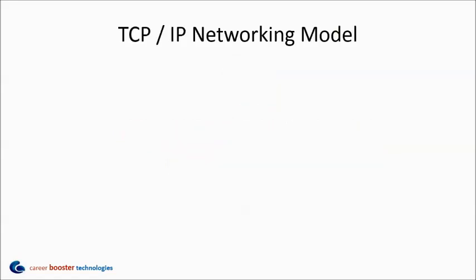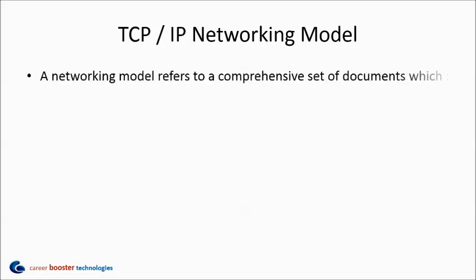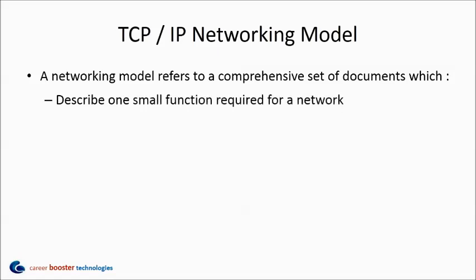So with TCP/IP, the Transmission Control Protocol/IP networking model, what is this all about? It is a model which refers to a set of documents, and these documents describe the functions required for each network. Like I said in my previous video, it takes a lot for a packet to come from one device and reach the destination based on the information it carries.